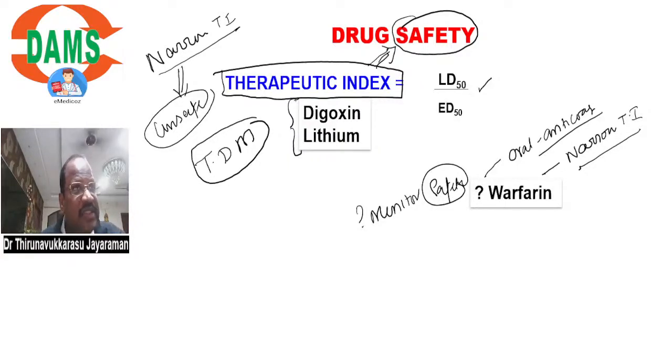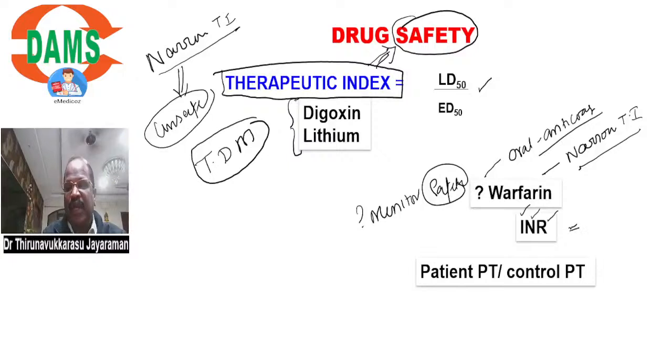Are you assessing the warfarin level in the plasma, or do we do something else? How will you measure the safety of warfarin? Warfarin safety is assessed by calculating INR value. INR means International Normalized Ratio. The formula for INR equals patient prothrombin time by control PT.